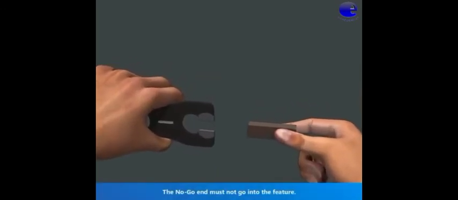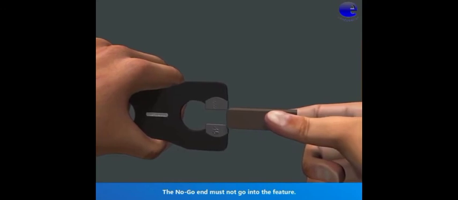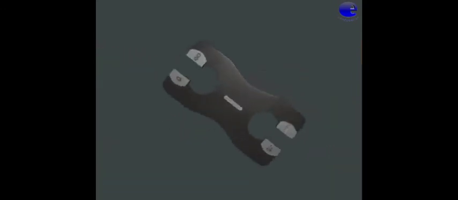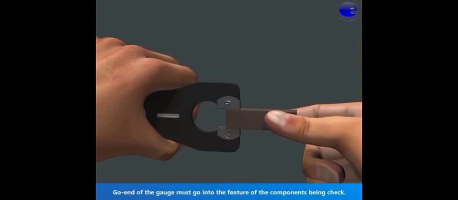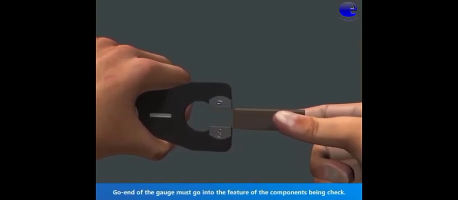The no-go end must not go into this feature. The go end of the gauge must go into the feature of the components being checked.